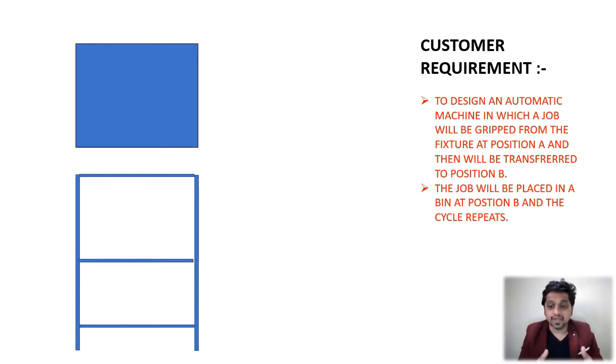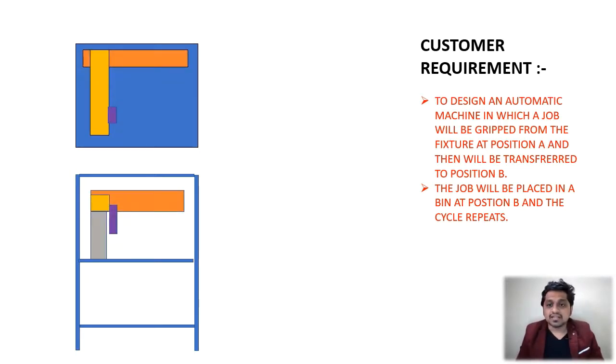Then, as I want an automatic machine, I cannot go for a manual thing, so I have picked a robot here. There is a pneumatic system with a gripper which will grip my part, and the robot will move from one position to another. Now, if you can see, the first requirement has been satisfied, right?